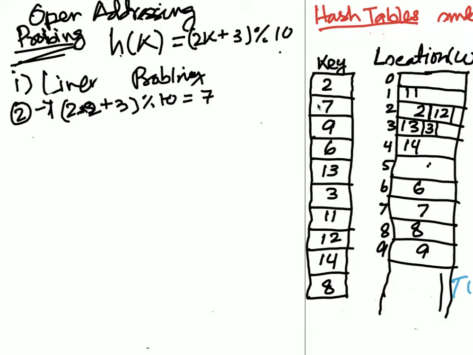So 2 will take position 7, not position 2. According to this hash function, 2 will take position 7 in the new hash table.